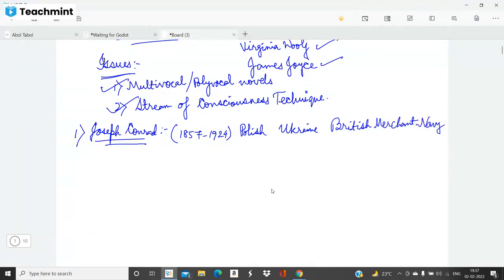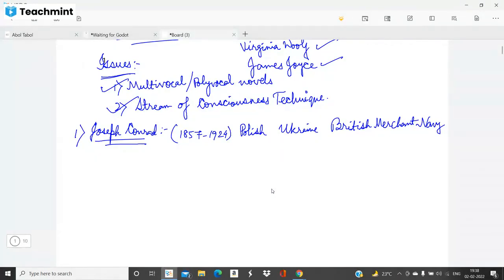I'm not a big fan of biographical details, but I tend to tell you from time to time the things you will absolutely necessarily need. And being in the British Merchant Navy, he spent his entire life voyaging around the world. All his experiences as a voyager throughout the world bore fruit in his novels and in his short stories.